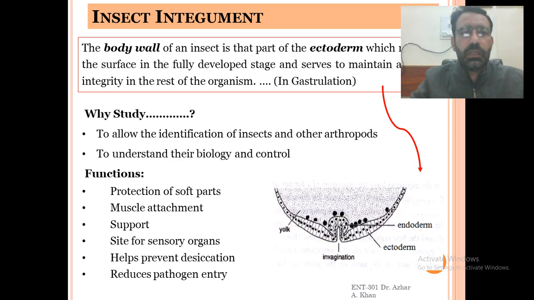So, the outer structure of an insect, the exoskeleton, is determined by the integument that provides attachment for muscles and appendages, which are also encased by this integument.